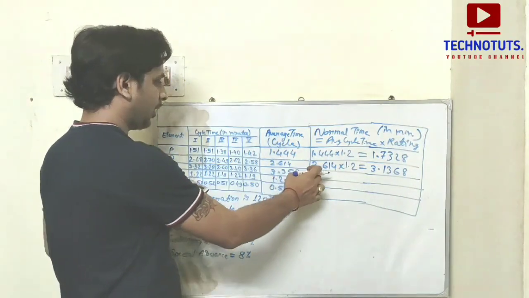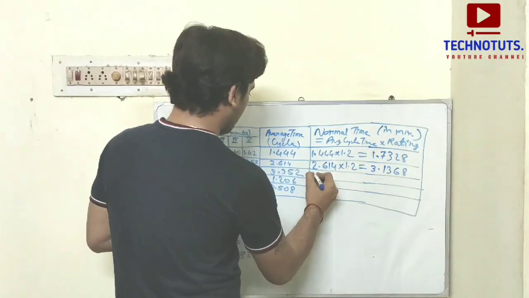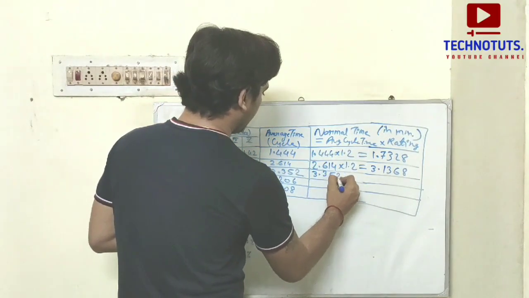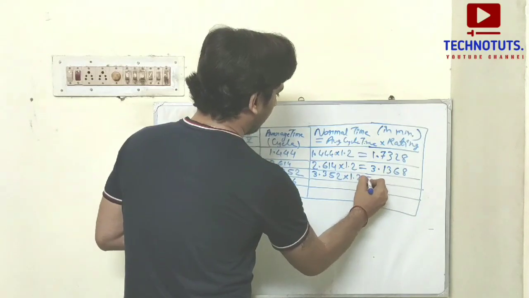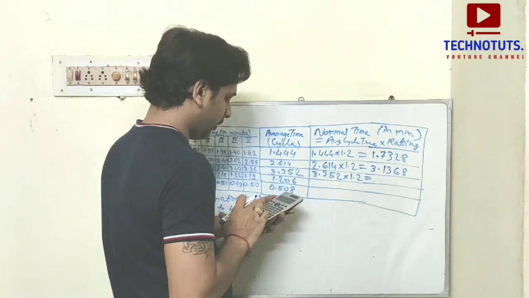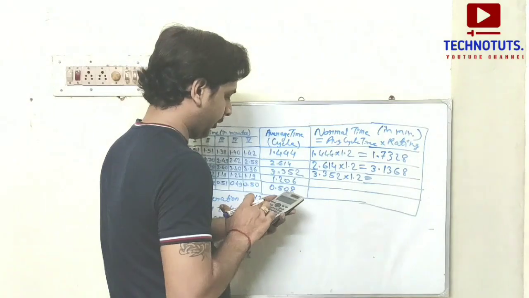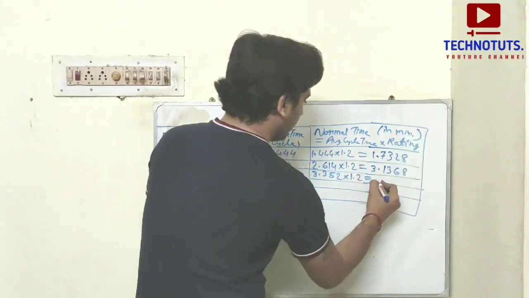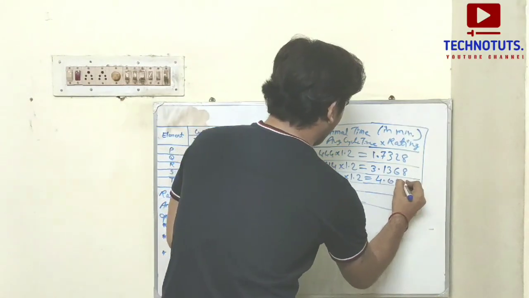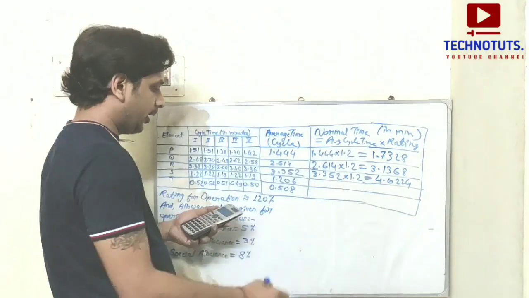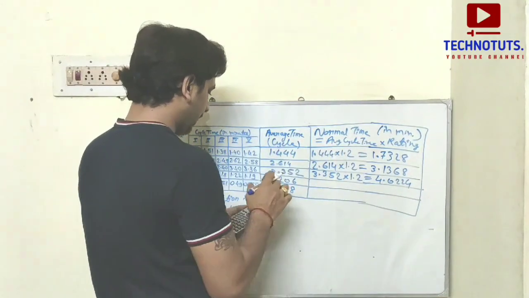Now for element R, let us calculate normal time. 3.352 is the average cycle time, multiplied by rating 1.2, which is equal to 4.0224. In a similar way we will calculate for element S also.